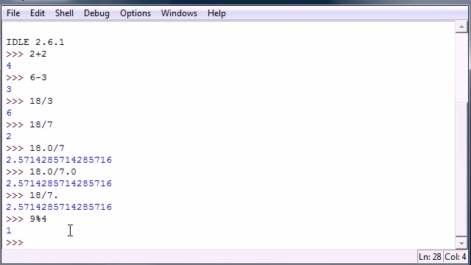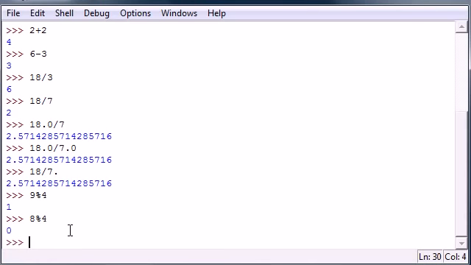So what if you got the modulus of something like 8 divided by 4? What's the remainder of that? It's 0. So whenever you press enter, voila, it gives you 0. Who would have thought? So you can even do one extra thing I just want to tell you about. You can even get a modulus of a float, like there, that'll give you a remainder. 8.75, what's the remainder when you divide it by 0.5?